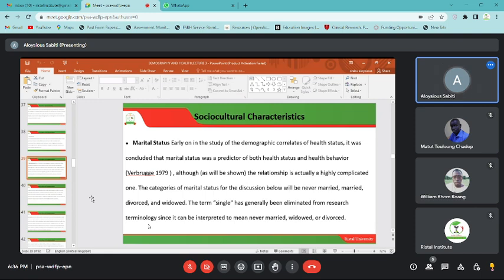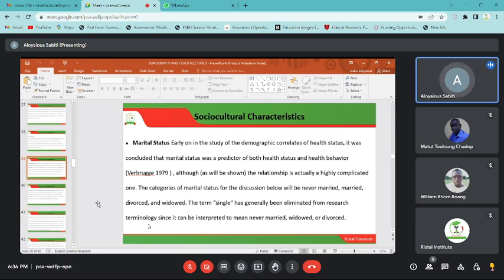So, what is key to understanding your marital status relationship with health status is that you understand that the health status among singles is not the same as among never marrieds, is not the same as those among married people.